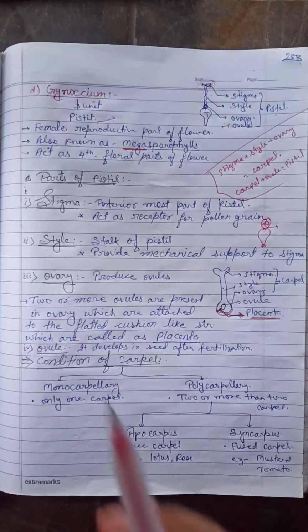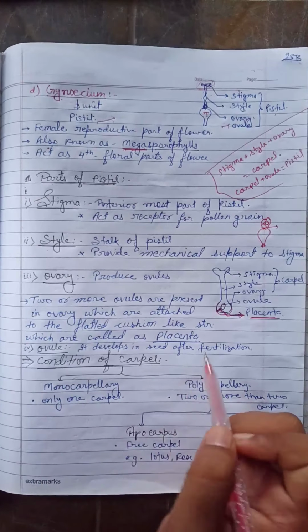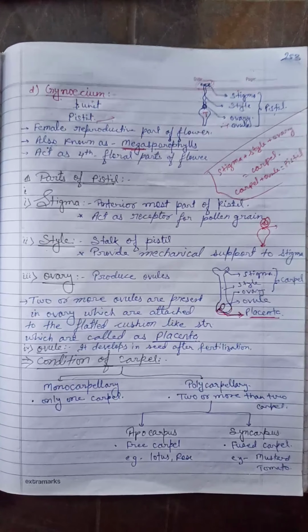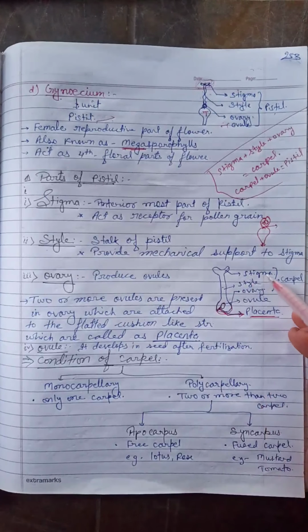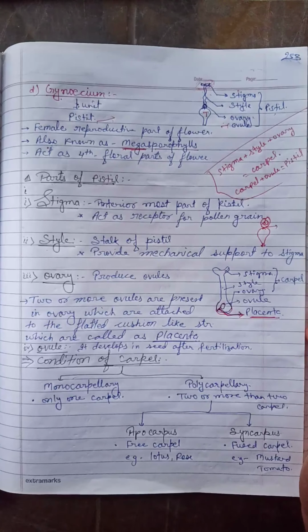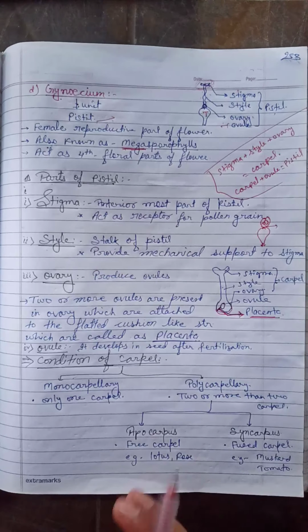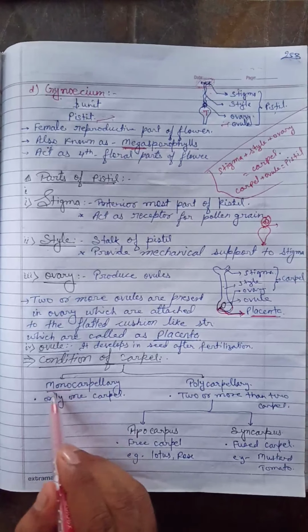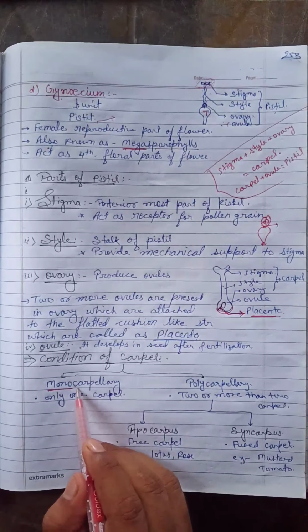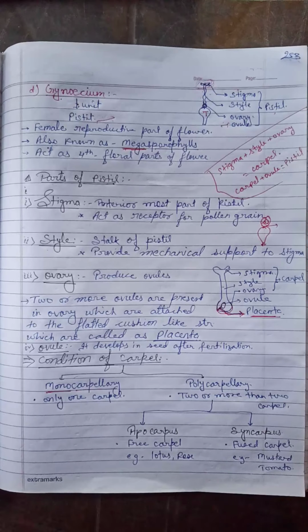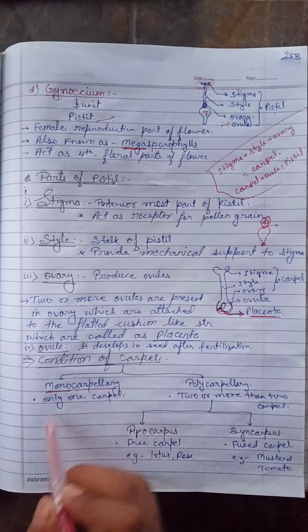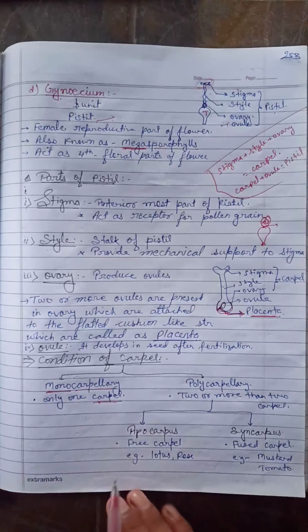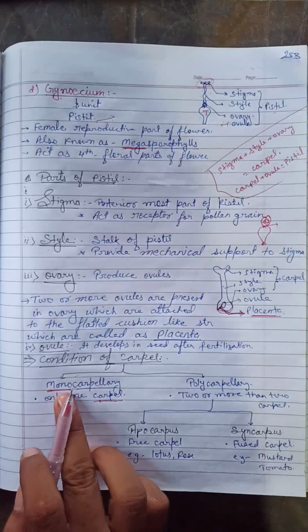Now look at the conditions for the carpels. When there are stigma, style and ovary, it is a carpel. When a flower contains one carpel, that condition is called monocarpellary. Monocarpellary means the condition when a flower contains a single carpel.